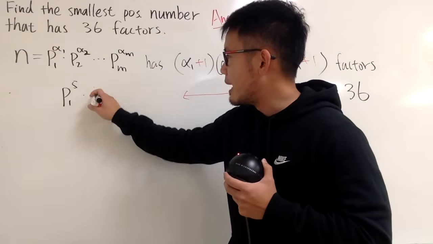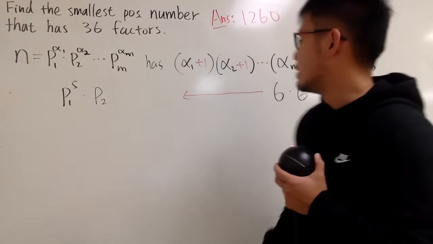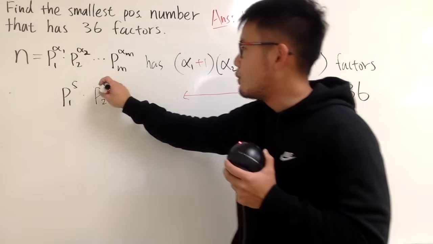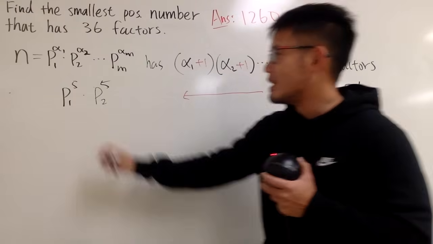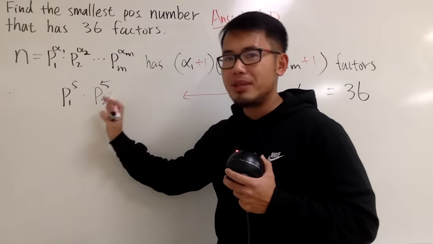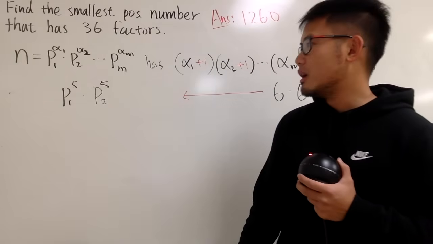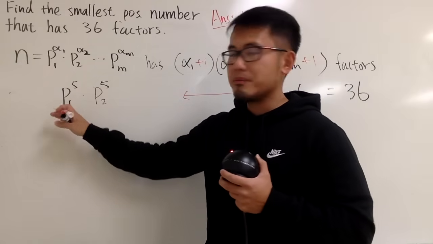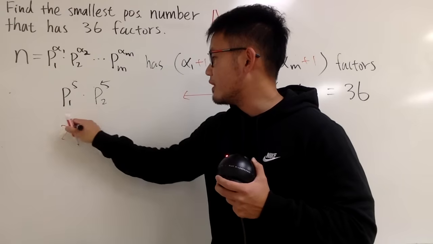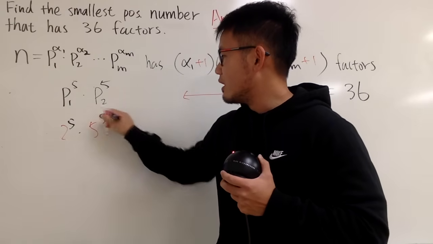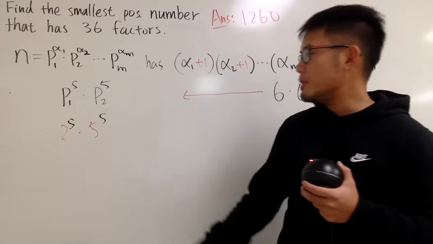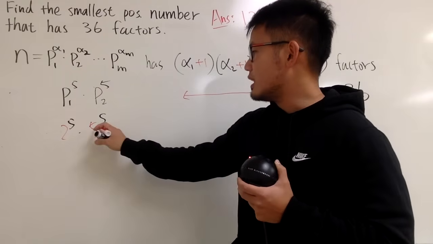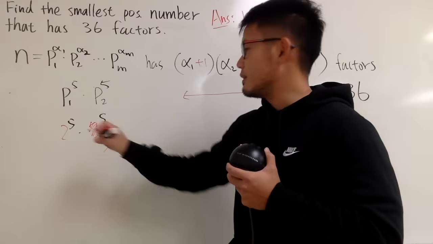And then you multiply by another prime, p2, also to the 5th power. And to get 100,000, p1 was 2 and p2 was 5, right? So you might think that, because I used 2 to the 5th times 5 to the 5th, that's why we get 100,000, and that's why it's too big. Maybe we can just choose a different prime. So instead of 5, we can maybe use 3.